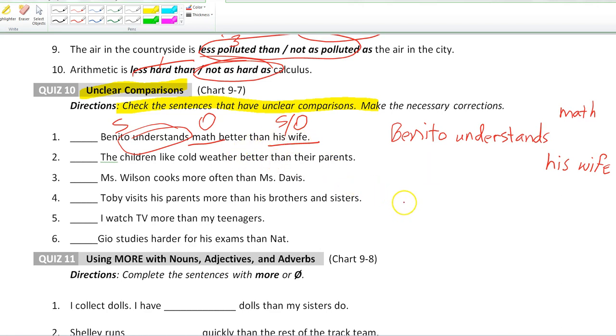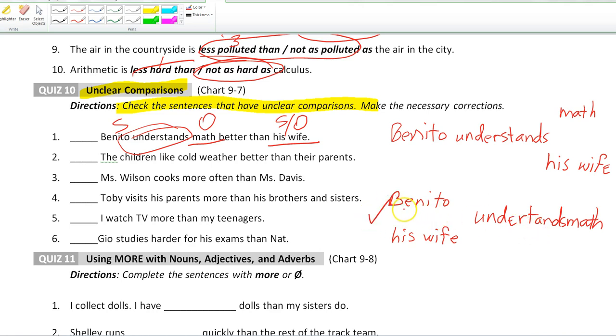And another meaning would be Benito and his wife. And the verb phrase, understand math. Are we comparing how Benito understands math and how his wife understands math?